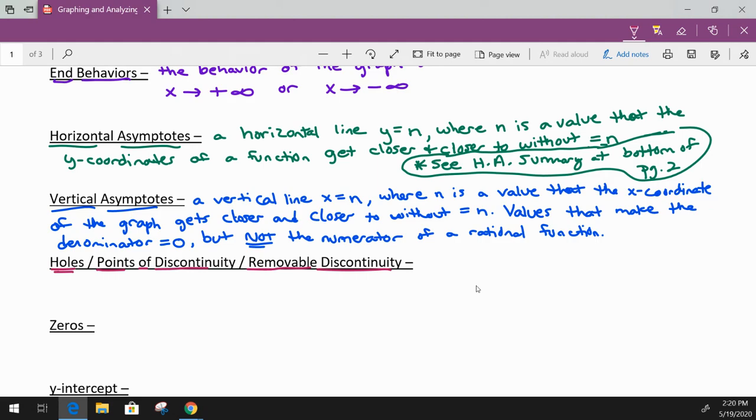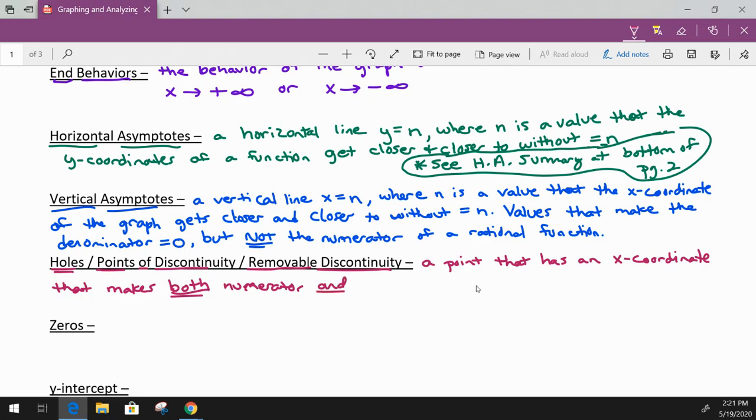The hole is actually a point, but we focus on the x-coordinate that makes both the numerator and denominator equal to 0.